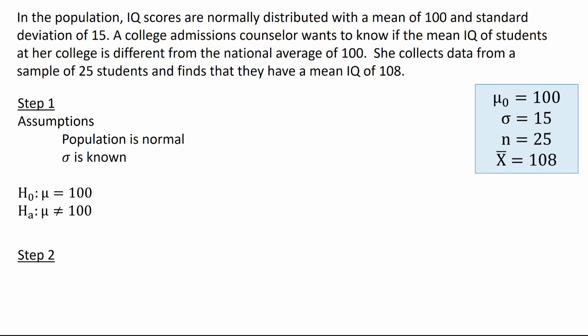Step 2 is to compute the test statistic. Here we have the formula for a z-test statistic. The scenario gave us all of these values, we just need to plug them in.